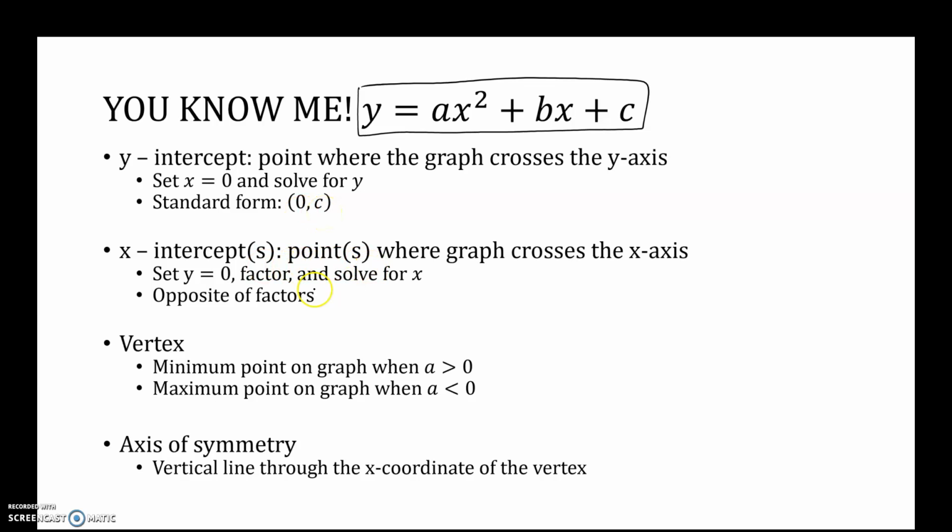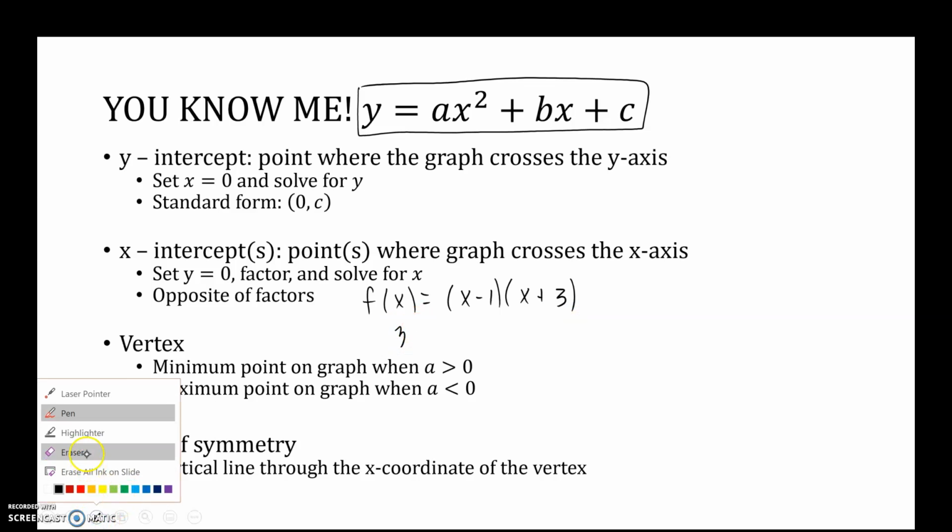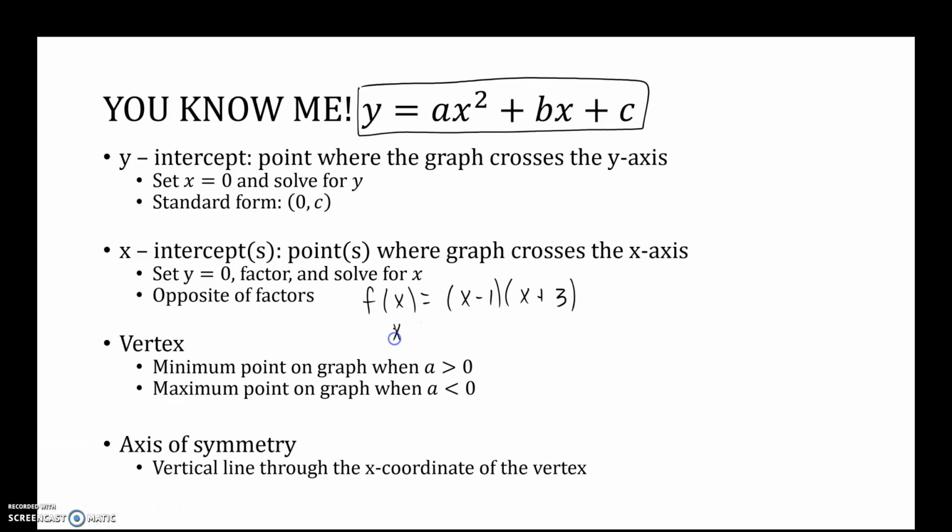The x-intercepts are the points where the graph crosses the x-axis. We set y equal to 0. We've been factoring and then solving for x. And we looked at, if my factors are x minus 1 times x plus 3, then my x-intercepts are the points (1, 0) and (negative 3, 0).